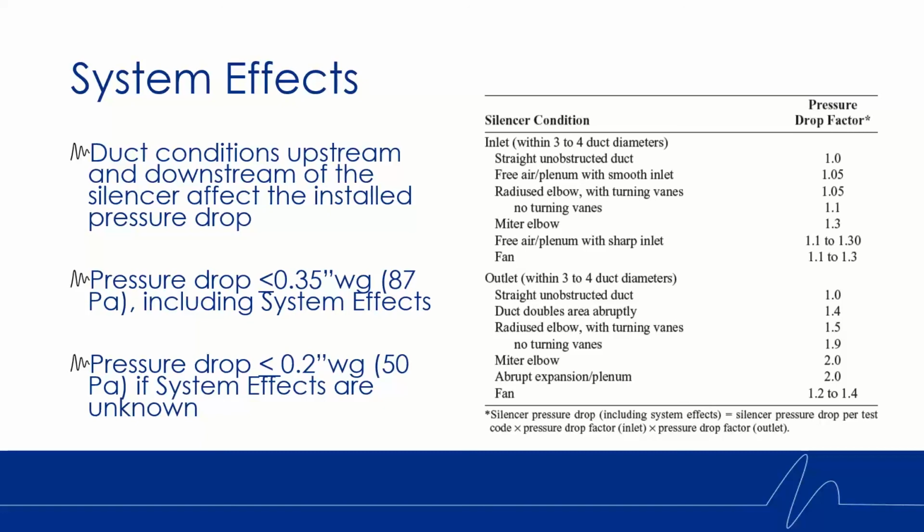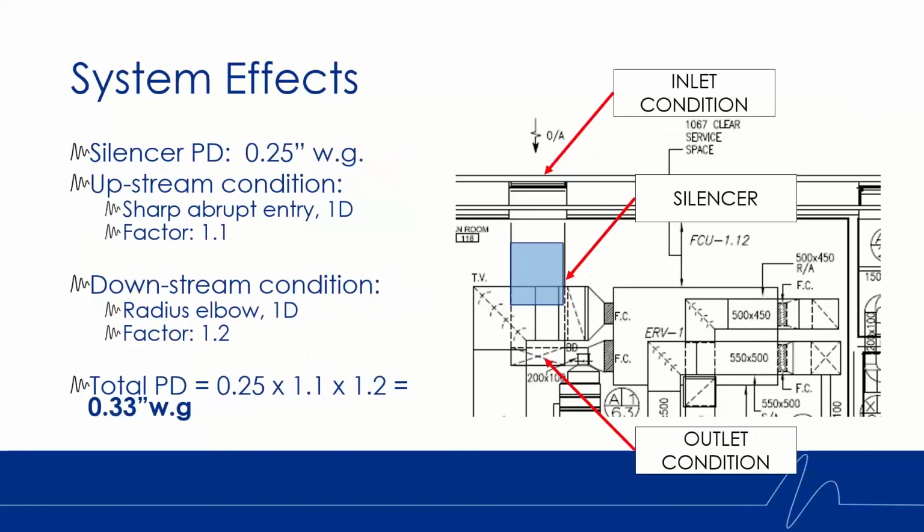So what we do is we apply a factor to the condition before and the condition after the silencer to get the installed pressure drop. So in this example here, the silencer submittal pressure drop is 1/4 inch, so 0.25 inches. The upstream condition, this is an outside air intake silencer.